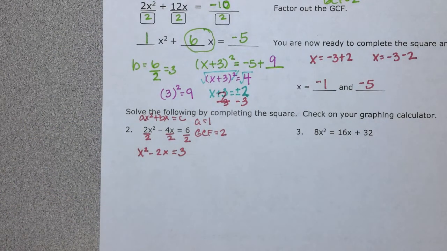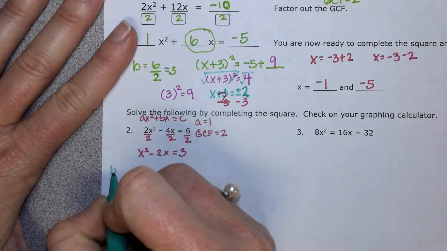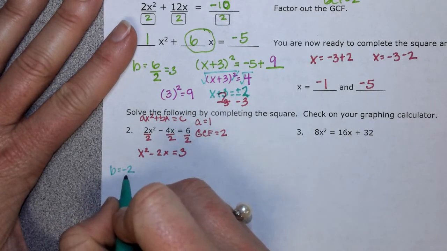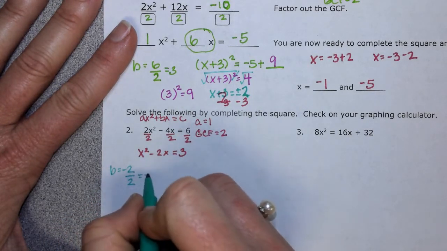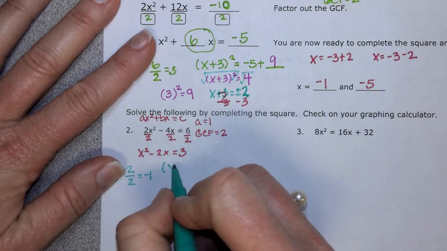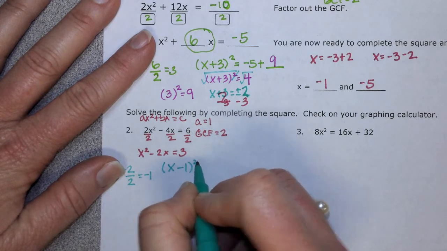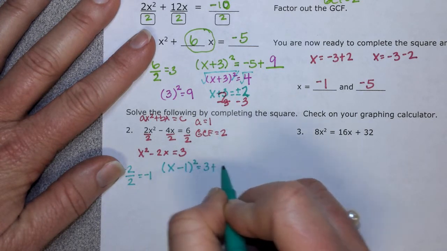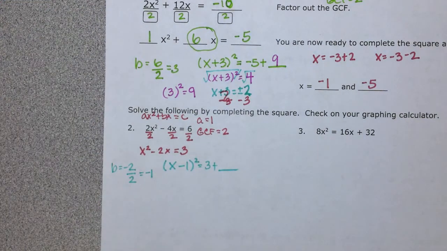Okay. Now that my a value is 1, I can now take my b value, which is negative 2, and I'm going to divide that by 2, and I'm going to get that it's negative 1. So from here, remember, I can write my factors of x minus 1 squared equals 3 plus, and I have to fill in the blank there.